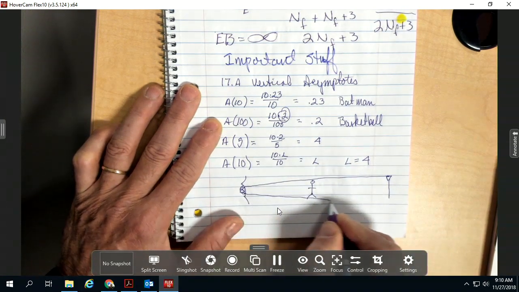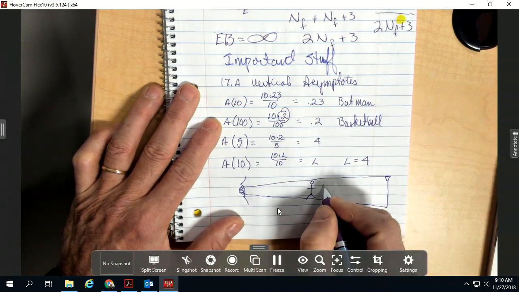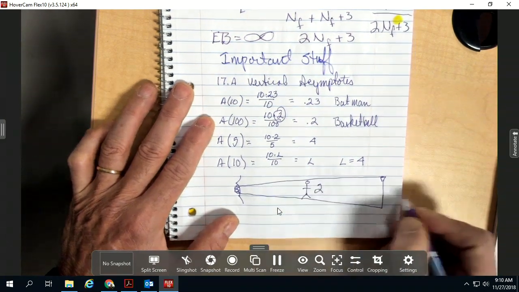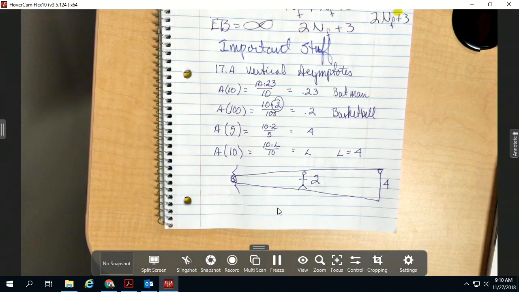Here is the lamppost. So if this is 2 meters tall, this must be 4 meters tall, right? You know that from geometry, right? Those are two similar triangles, so they have proportional parts. Questions? Okay. That's not where we want to go, though.